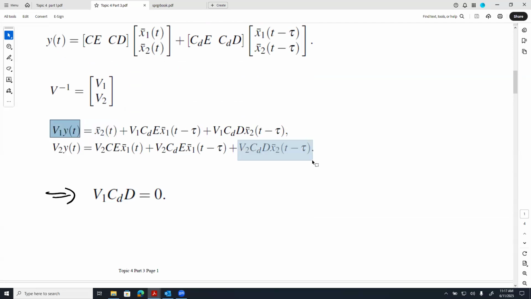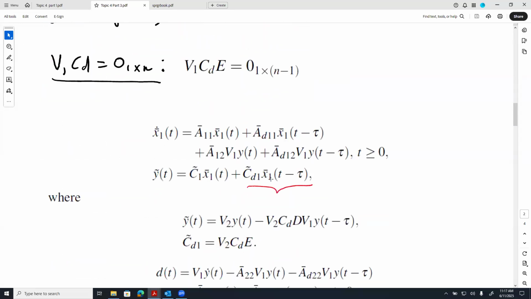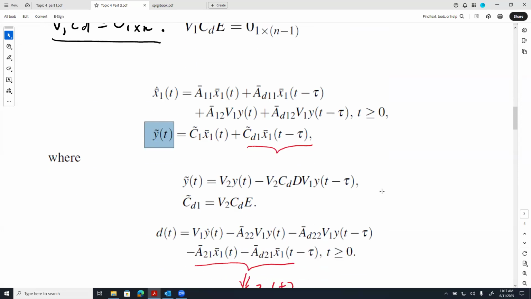And then when we move this thing onto the left-hand side, we get two terms: V2 y of t, take away V2 CDD x bar 2 of t minus tau. And that's where we call it y tilde, a new measurement vector.